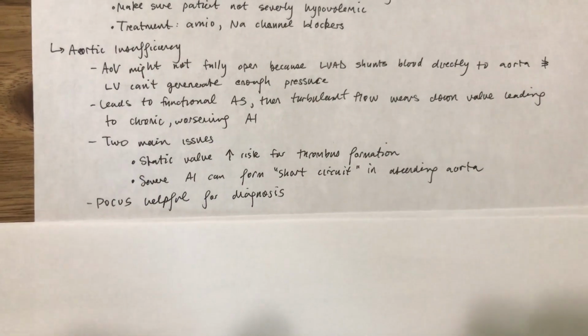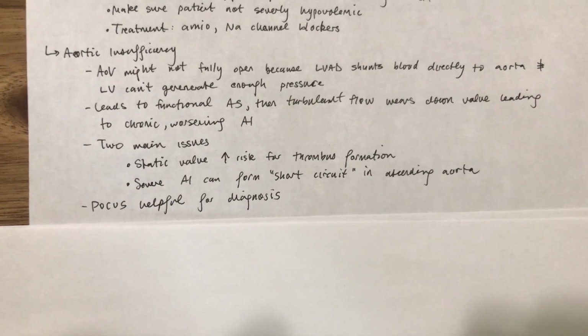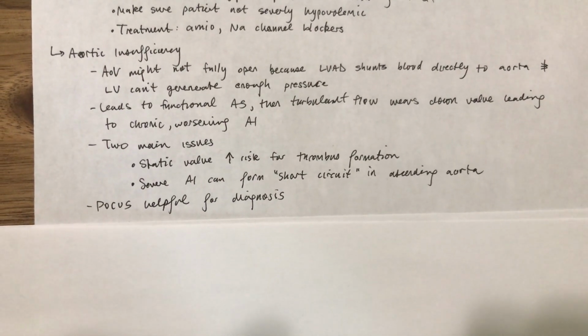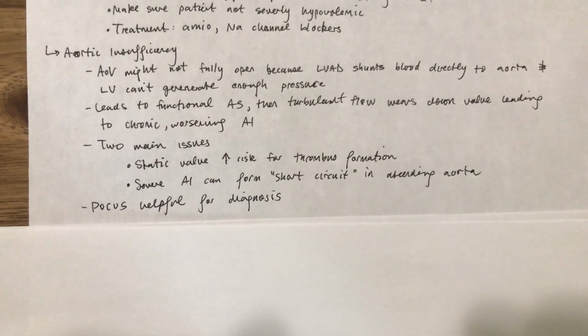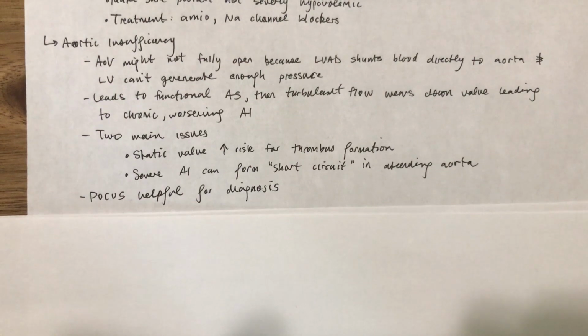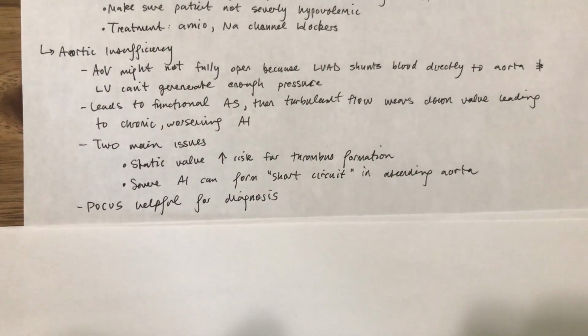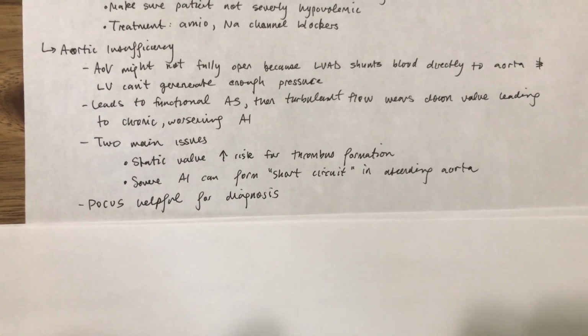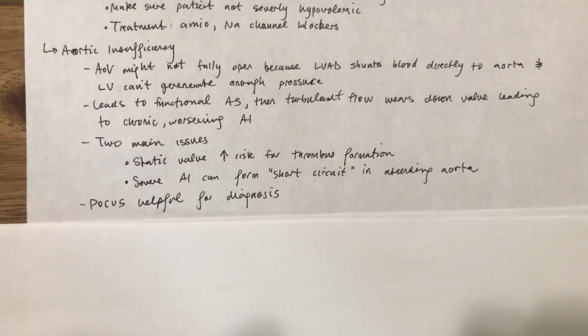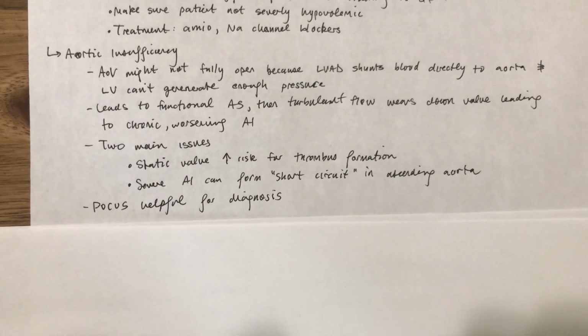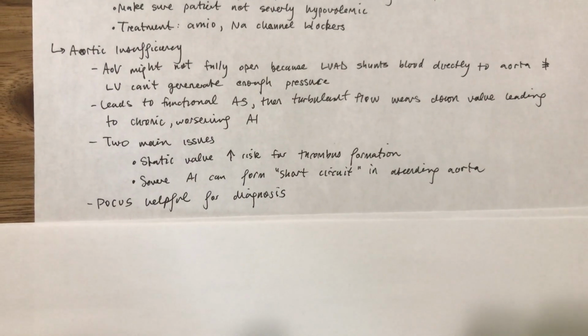And a portion of the VAD's output will not be going to the body, and this can cause failure over time. So usually this takes at least 5 years to happen, but some of these patients have VADs for 5, 8, 10 years. So the longer you have the VAD, the more likely this is to occur.